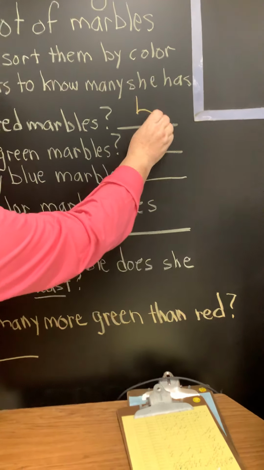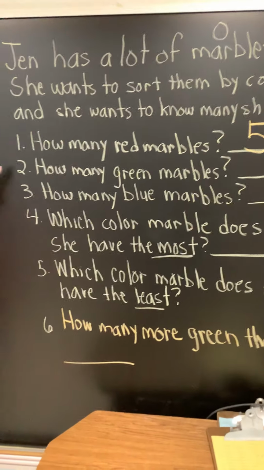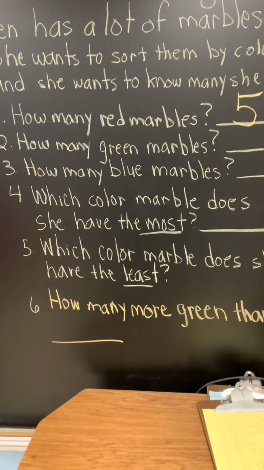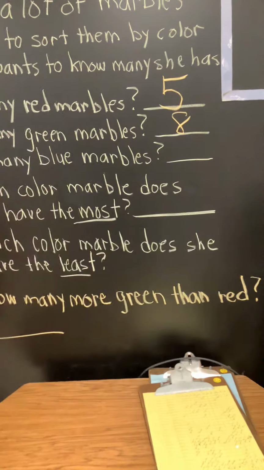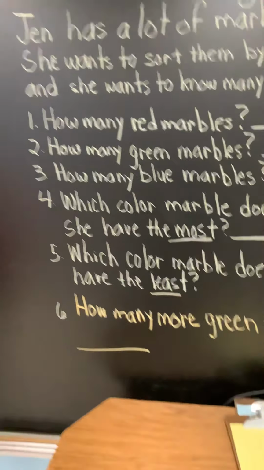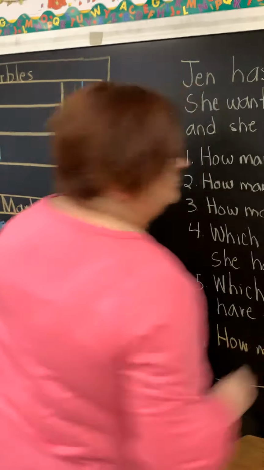If you said that number 5, you would be correct. The next one says, how many green marbles? Once again, she goes and looks. And you know what number should go there? Yep, the number 8. How many blue marbles? There she is looking at the blue. Yep. And she knows there's 4.